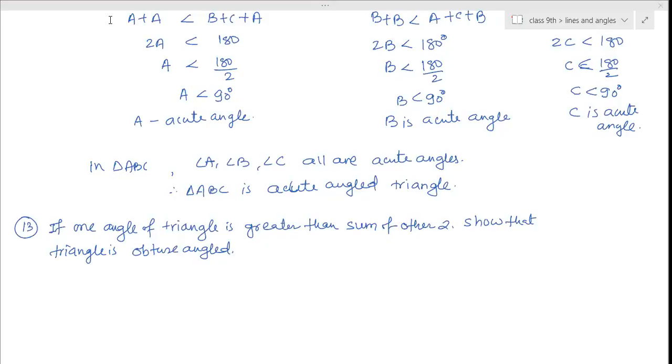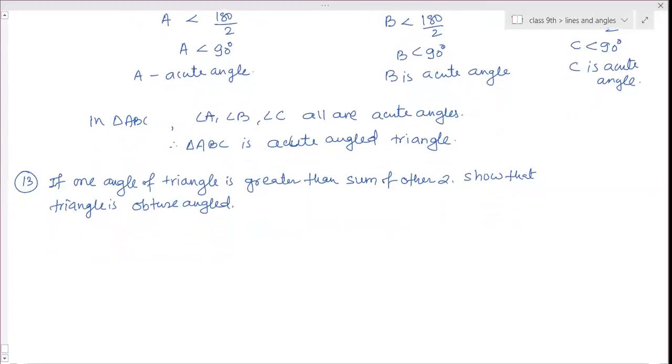Got it? So here, angle A is greater than angle B plus angle C, they have given. Adding A to both sides, angle A plus angle A is greater than angle B plus angle C plus angle A. So twice angle A is greater than 180 degrees. So angle A is greater than 90 degrees.